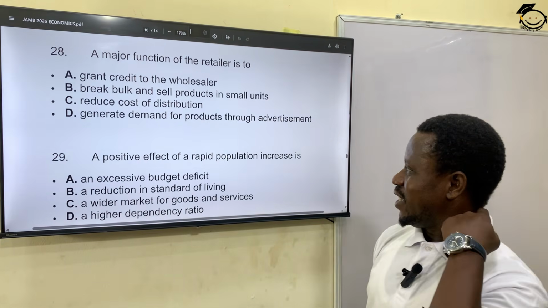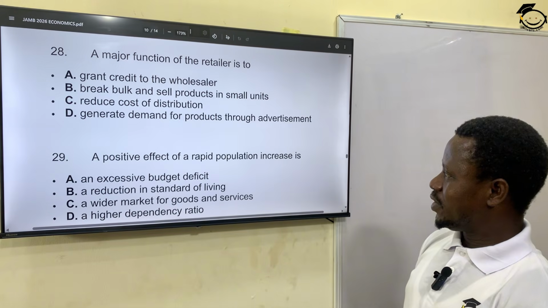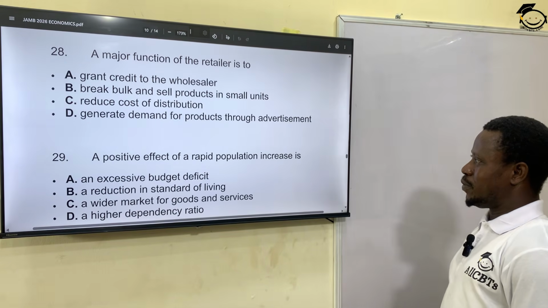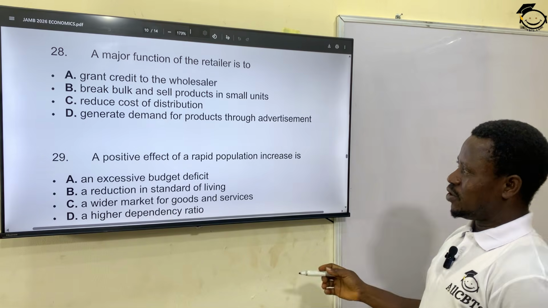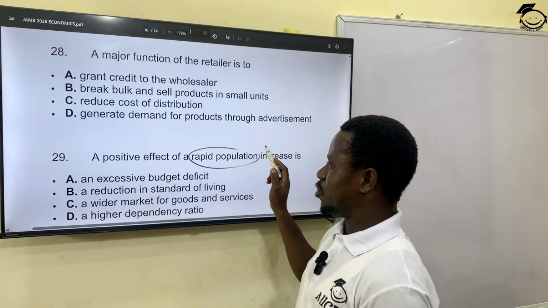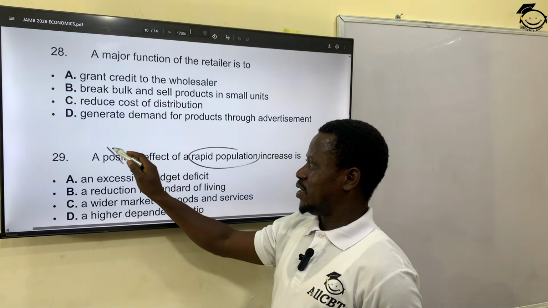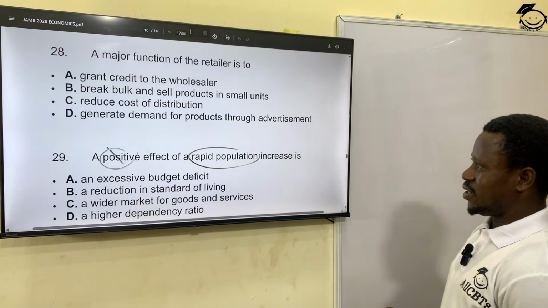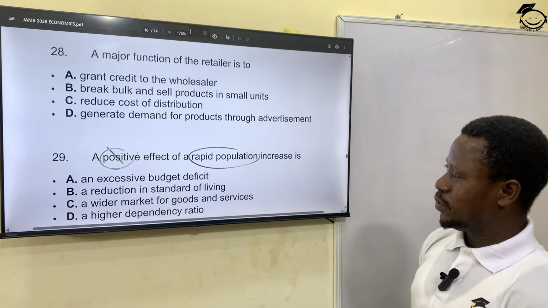Okay. The next question is saying, a positive effect of a rapid population increase. Rapid population could be negative, could also be positive. So we're looking at the positive impact of population increase.